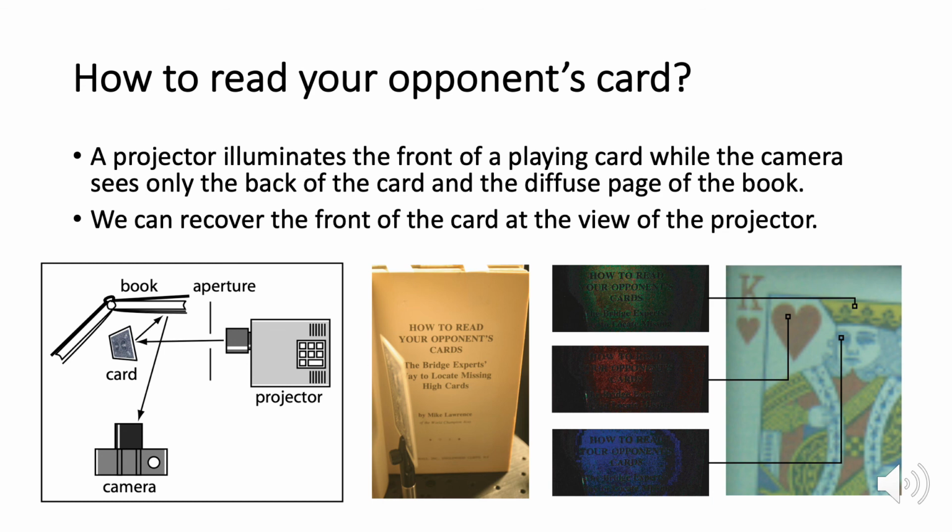Then it will finally pass to the camera. By dual photography, we can synthesize the dual image of the front of the card from the viewpoint of the projector. But why can we do this? It is because when light passes through the front of the card, it carries the information about the front of the card.